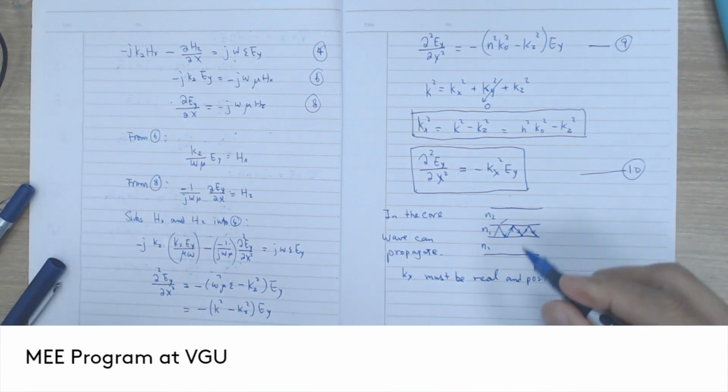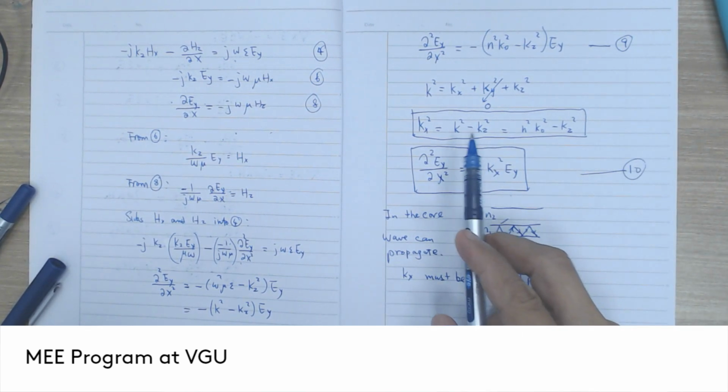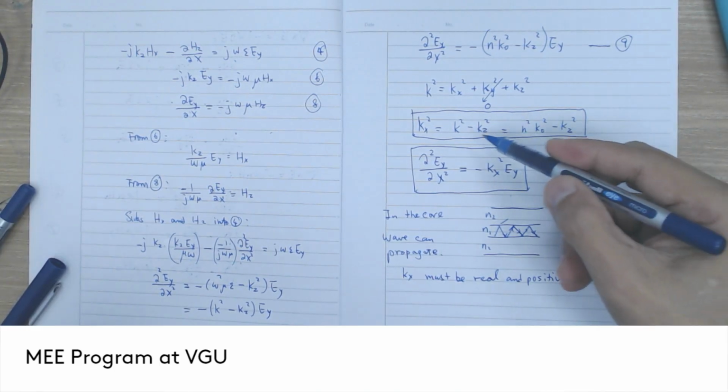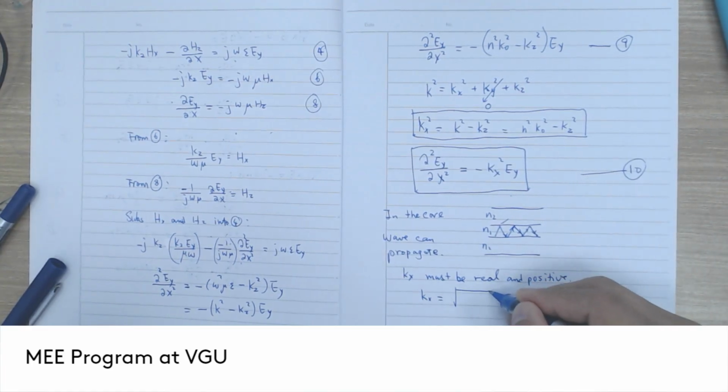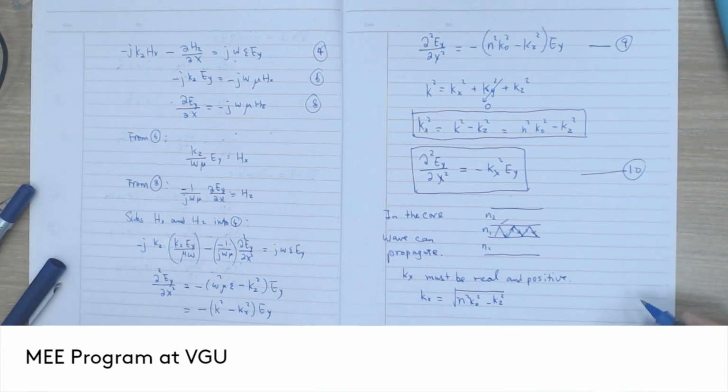So this means that in order for K, because K of x, according to this equation here, is equals to k squared, so we can conclude that in order for this number to be real, this number has to be bigger than this in order to generate a positive number.